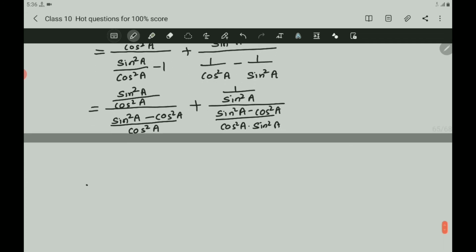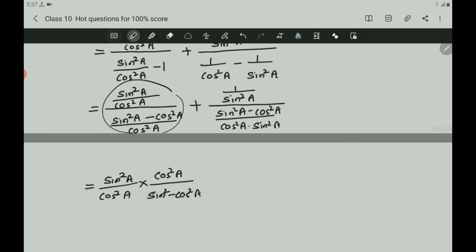Then you write sin²A by cos²A into the reciprocal of this, that is cos²A divided by sin²A minus cos²A.